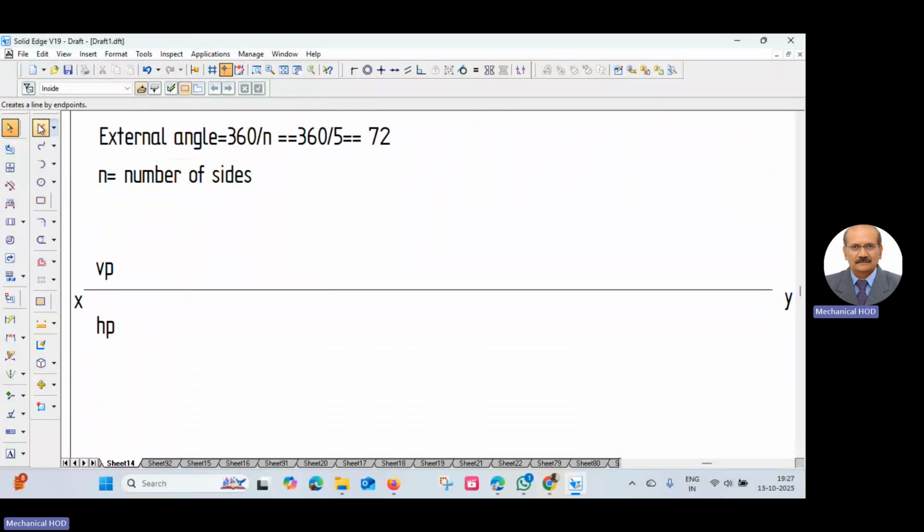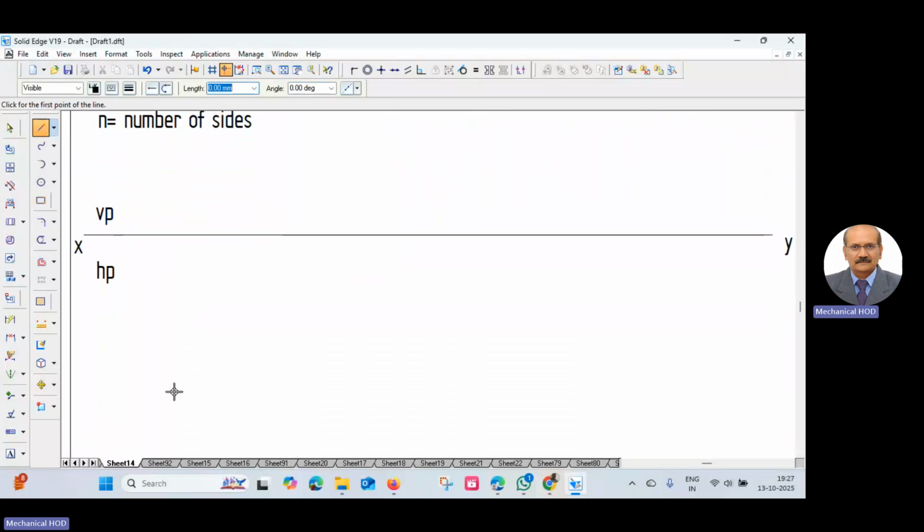So let us construct a pentagon with a 0.5 mm line thickness. Click with the mouse here, then leave the mouse, enter the values on the keyboard. 25 mm is the length, press enter key. Then first angle is 0 because we have to start with the horizontal line. Next 25 mm is the length, second angle is 72°. Next length is 25 mm, press enter key.